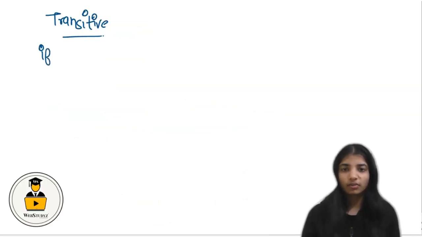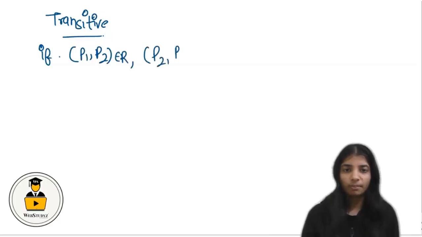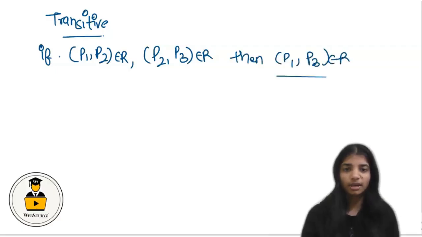The condition for the transitivity is that if (P1, P2) belongs to R and (P2, P3) belongs to R, then we can say that (P1, P3) belongs to R. If this condition is applicable in this relation, then we can say that the relation is transitive, otherwise it is not.